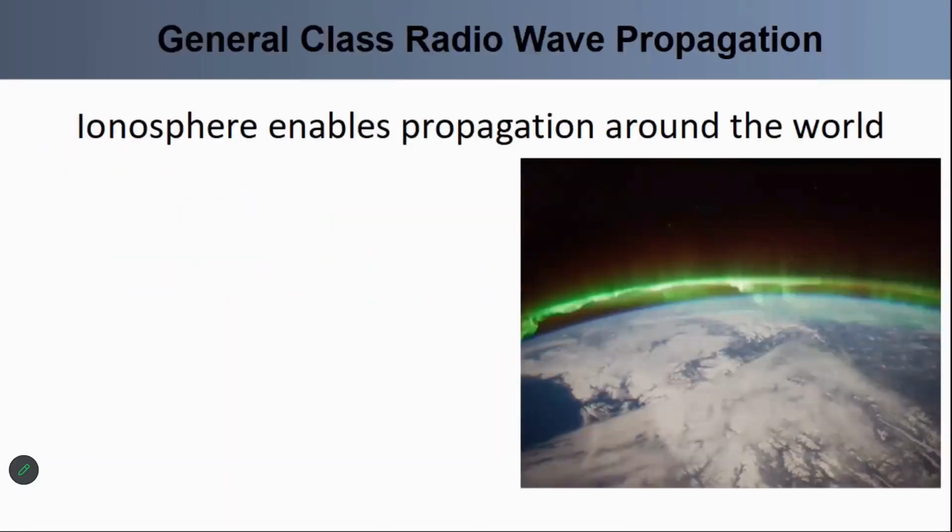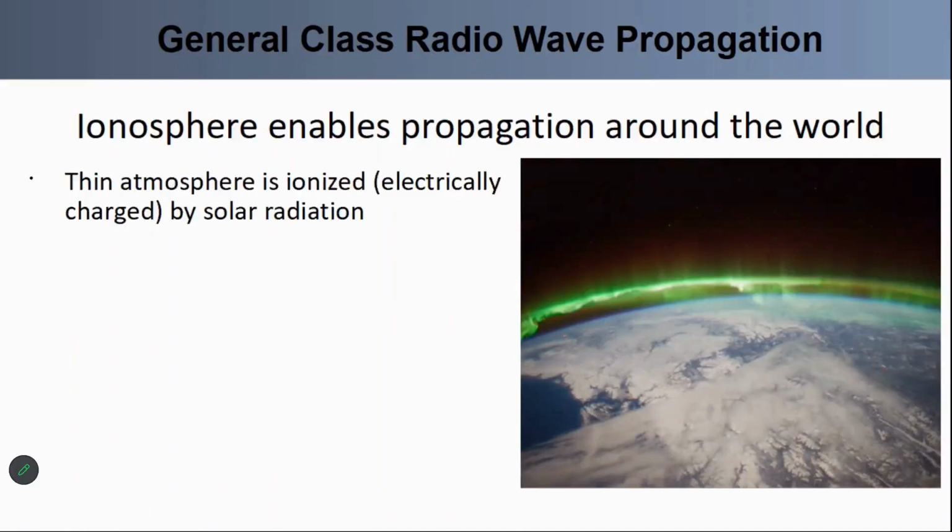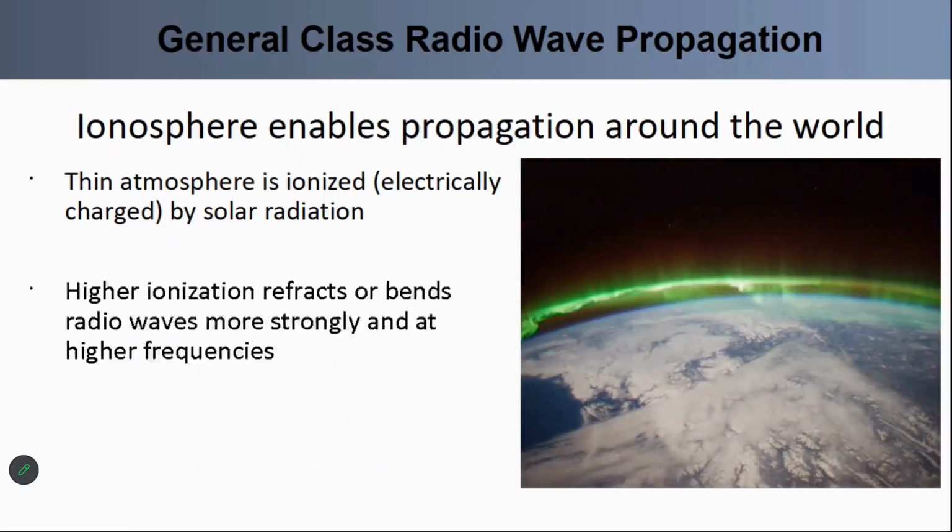So, yeah, it's the ionosphere that enables this propagation around the world. And as I mentioned, that thin atmosphere is ionized or electrically charged by solar radiation. Energy coming from the sun knocks electrons loose in those gas molecules, causing them to become ionized.